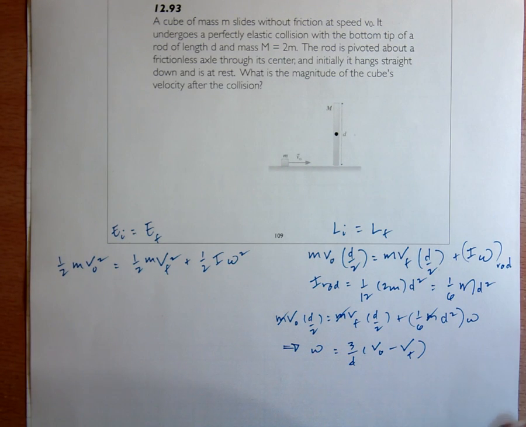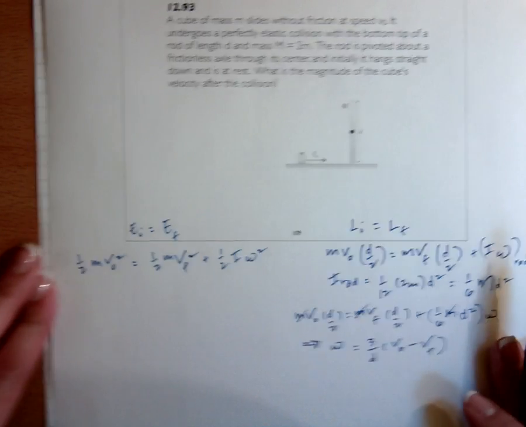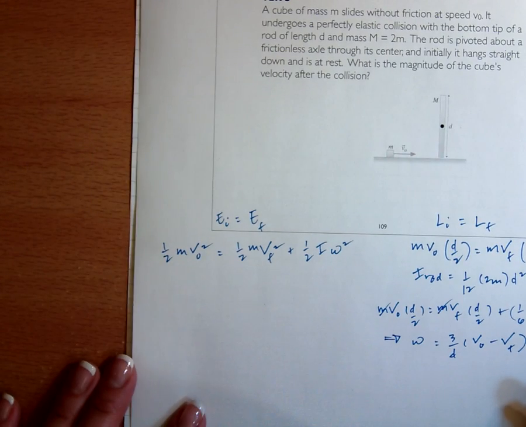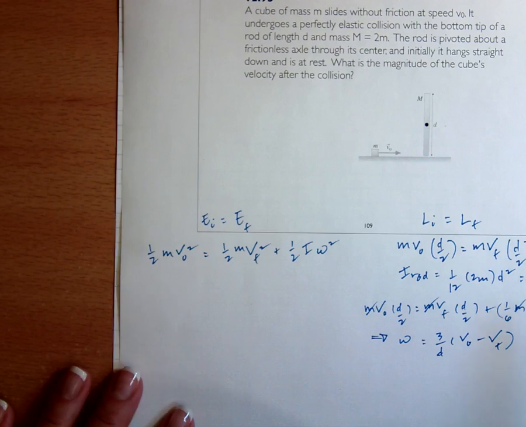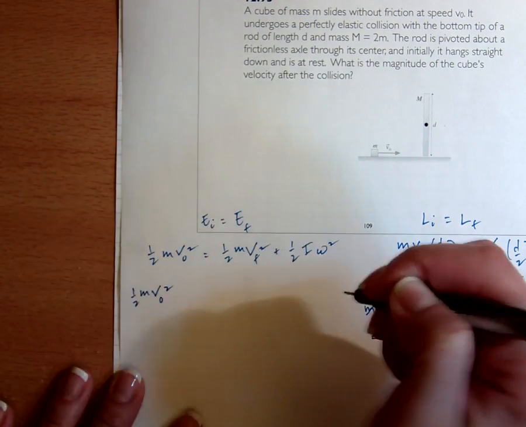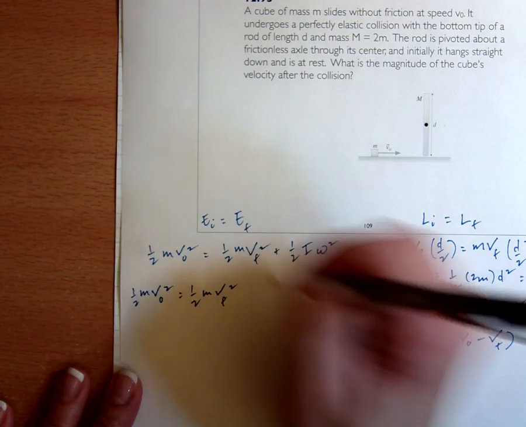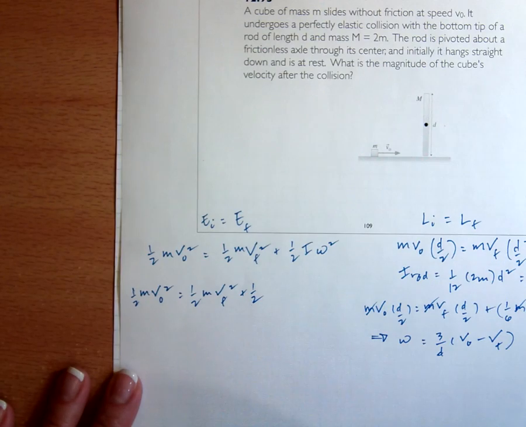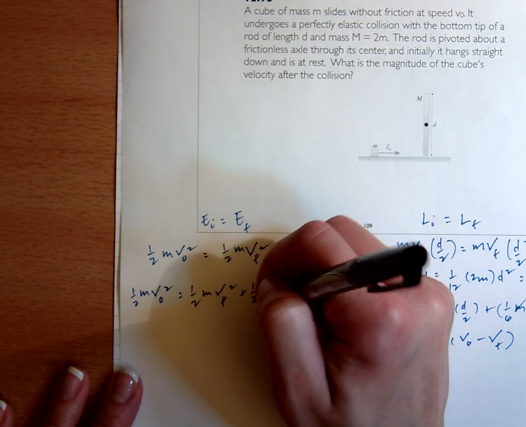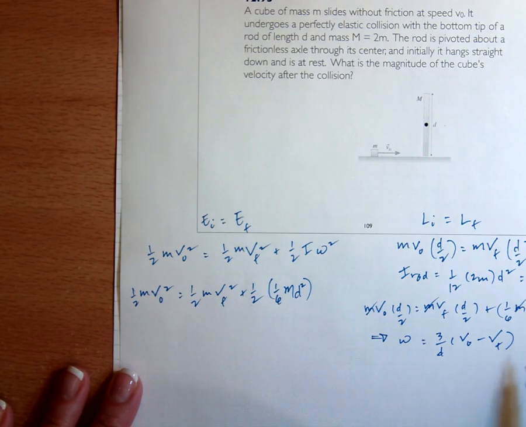So now, going back to conservation of energy, we have 1/2 m v initial squared equals 1/2 m v final squared plus 1/2, and we'll go ahead and plug in what I is, 1/6 m d squared times omega squared.